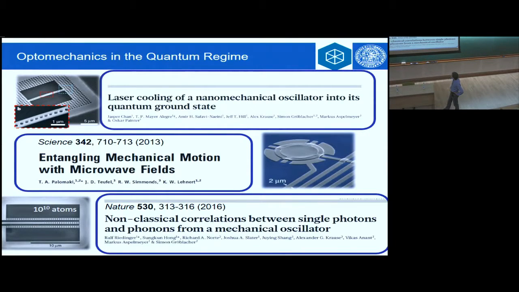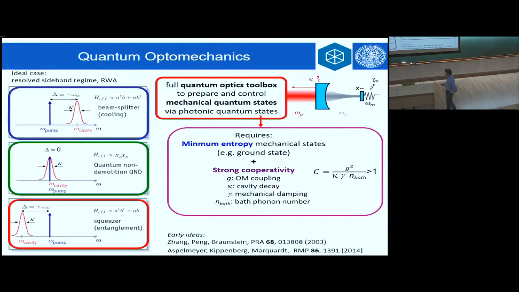But this and several other things, for example where people did squeezed states of a mechanical oscillator, show that this system now works in the quantum regime. And it's usually governed by a toolbox of things we can use.